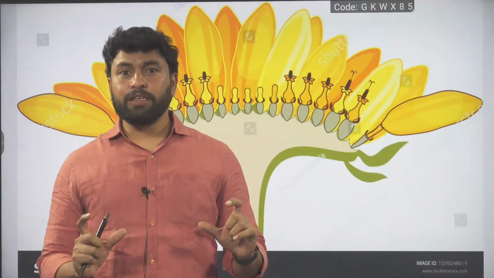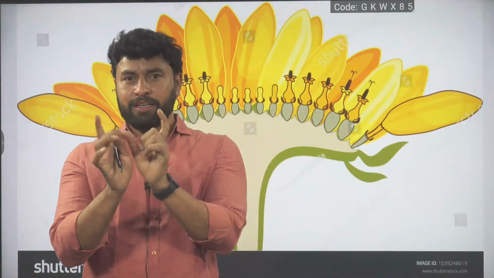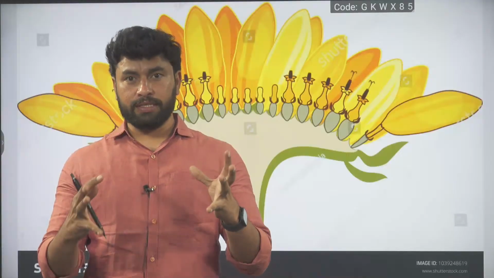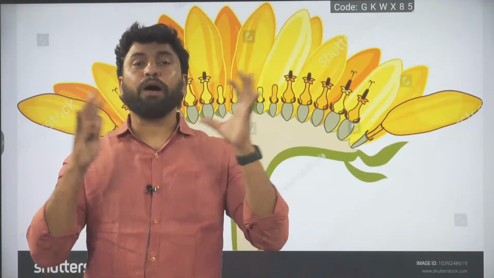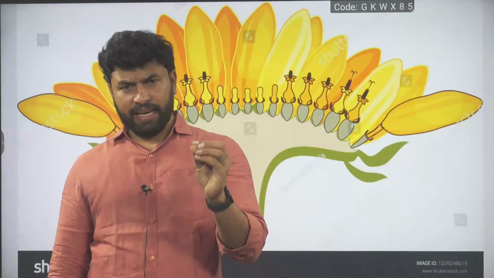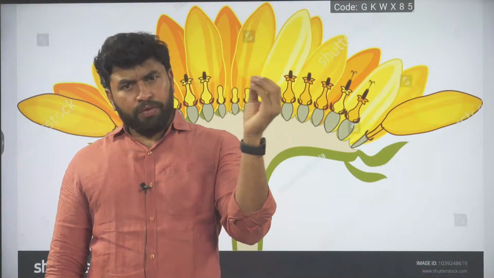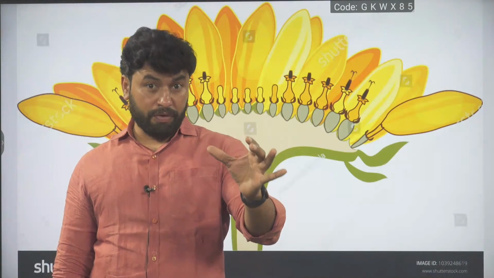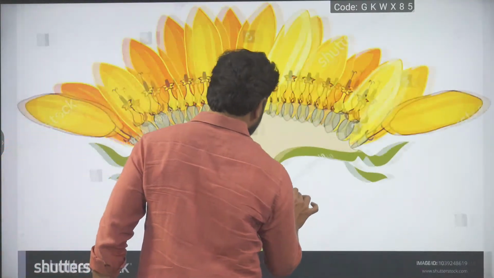The flower is an inflorescence. Whatever we see in the name of flower, that's not actually a flower. That is an inflorescence. Sunflower, flower is a group of flowers. Catch the idea? Same mode, Tagetes, which is nothing but marigold, and also a variety of other plants, we will have the head inflorescence. It is a type of racemose inflorescence.